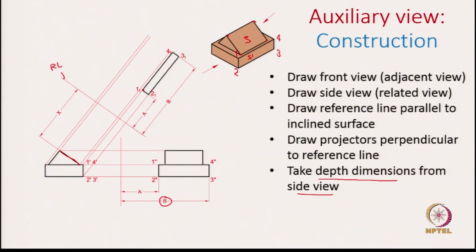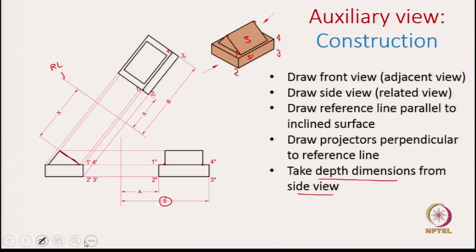So, these come from the points these. Okay. So, with this we are able to capture the auxiliary view, and once we remove, so I show the construction lines in red, but otherwise if you focus on the black lines, we have captured front view, side view and the auxiliary view.